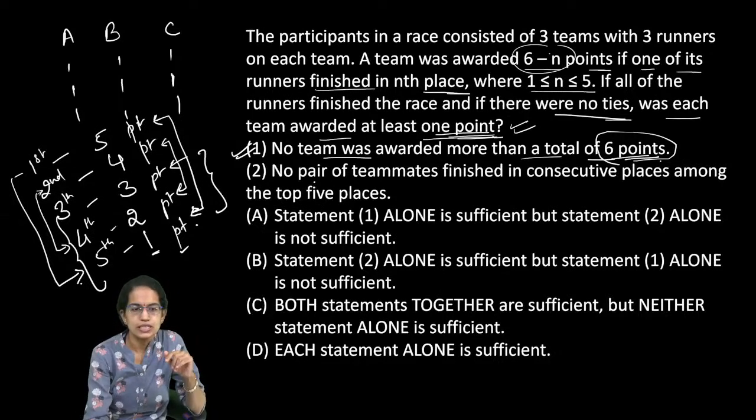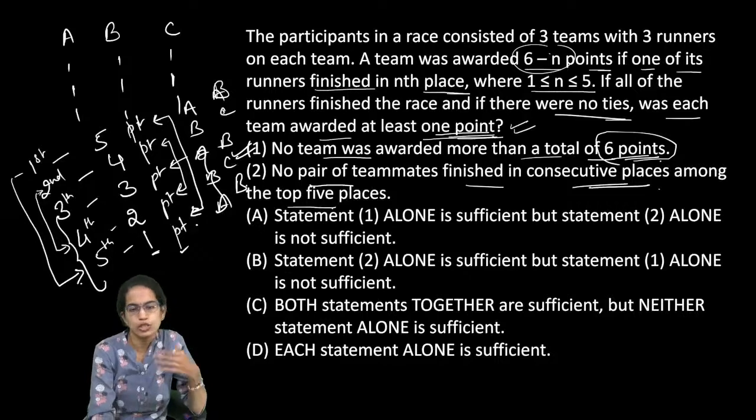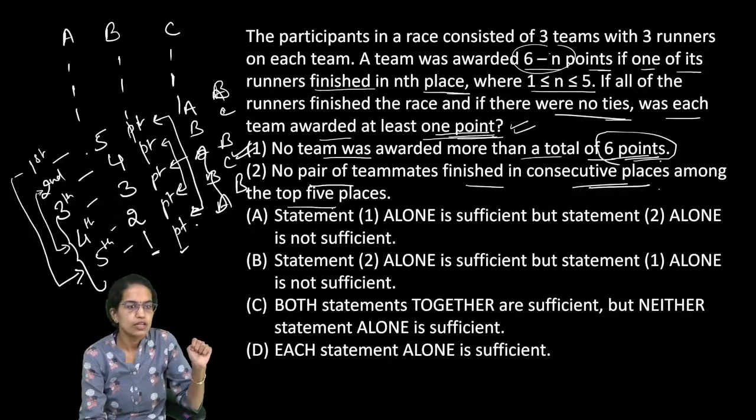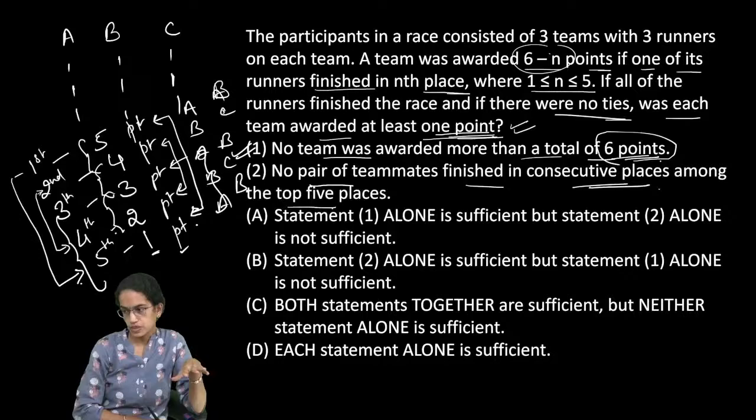The other statement says no pair of teammates finished in consecutive places among the top 5. That means it was team A, B, A, or B, C, B. Whatsoever the combination was, but no pair finished consecutively. So these two do not belong to the same team, these two do not belong to the same team, and these two do not belong to the same team.